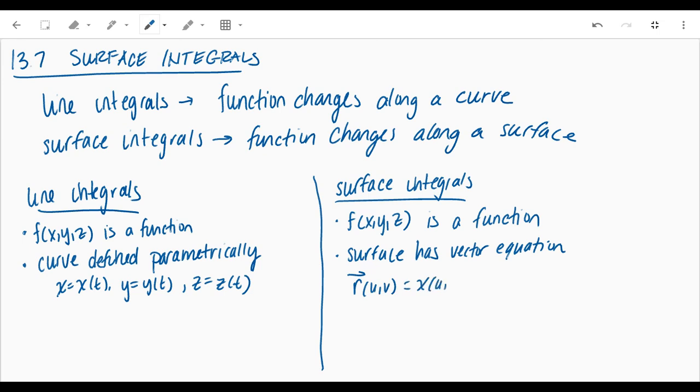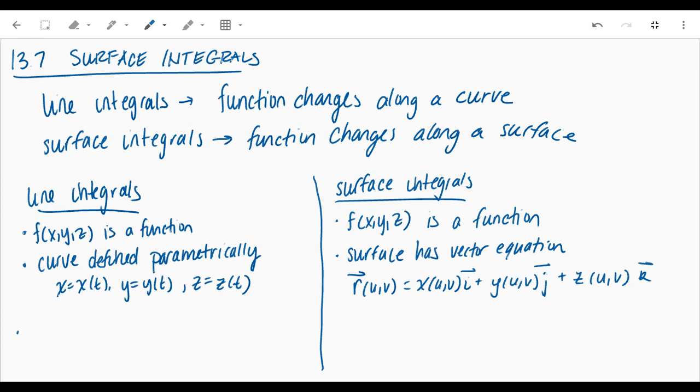So x would have those parameters, y would have those parameters, and this is the nitty-gritty stuff. Once you get the examples, it kind of all makes sense. z is some function of them too, and those u and v values are within the domain of our function.